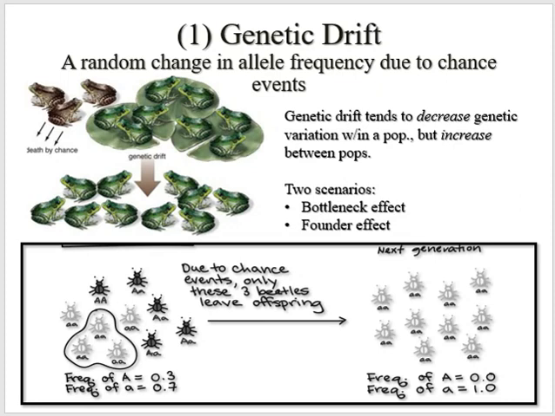Some individuals are able to survive, some do not. So because of that reduction in population size, you reduce allelic frequency, right? That random change is going to create these differences in allelic frequency. And again, that's due to these chance events.